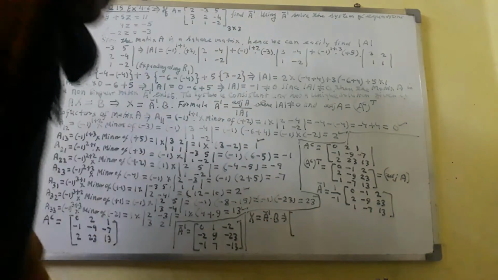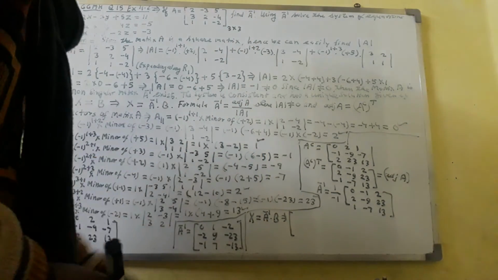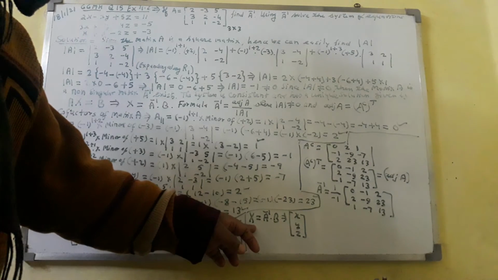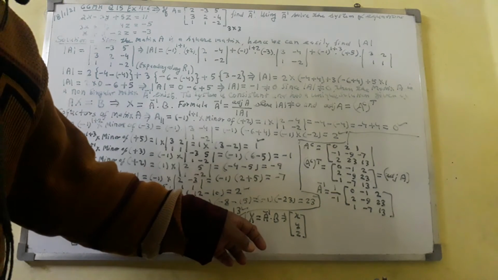In place of X, this is the matrix X, so here write X, Y, Z, because matrix X is the variable matrix.